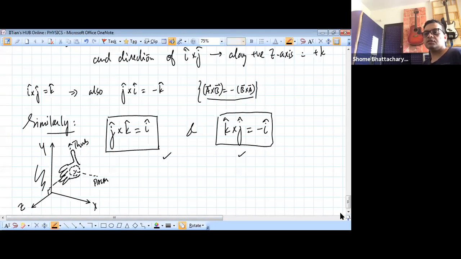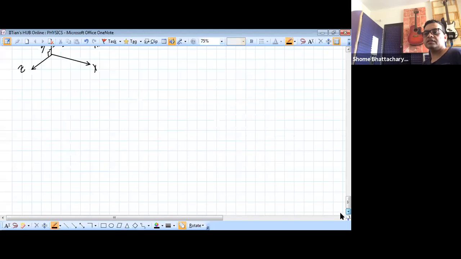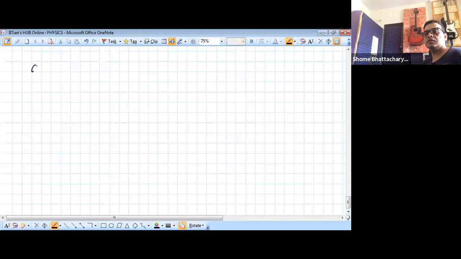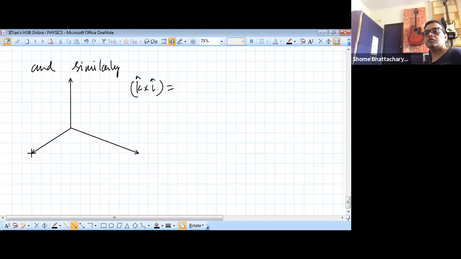And now similarly, we'll take the relation between k and i. We'll see k cap cross i cap. This will come out to be how much? So let's draw the axes again to understand this. So this is your y-axis, this is your x-axis, and this is your z-axis.